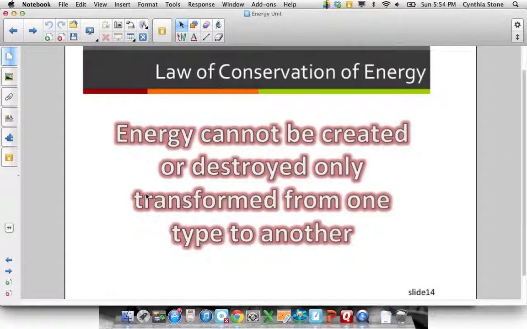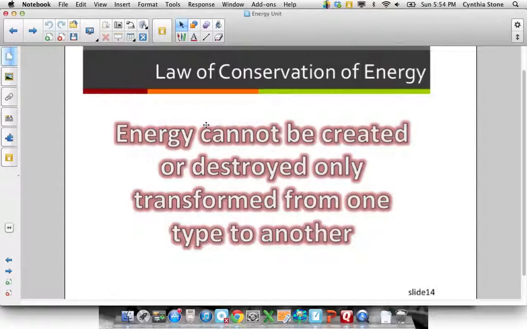Okay, the most important thing we learn in the course, I think, is this right here: the law of conservation of energy. Energy cannot be created or destroyed, only transformed from one type to another. So if you have a type of energy, for example the energy of motion in air particles through wind, that kinetic energy of the wind particles causes kinetic energy in a windmill, and that creates electric energy.